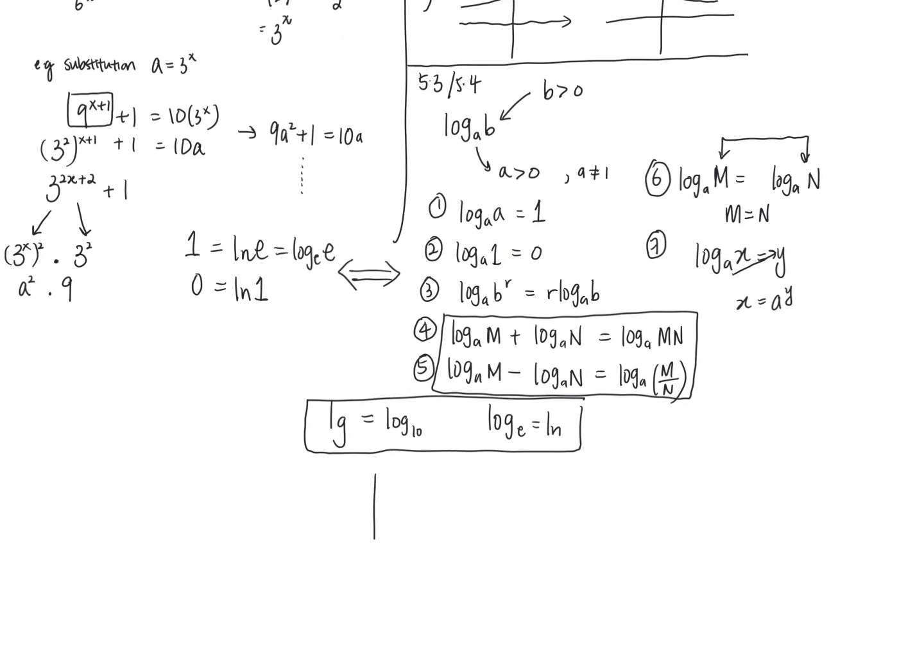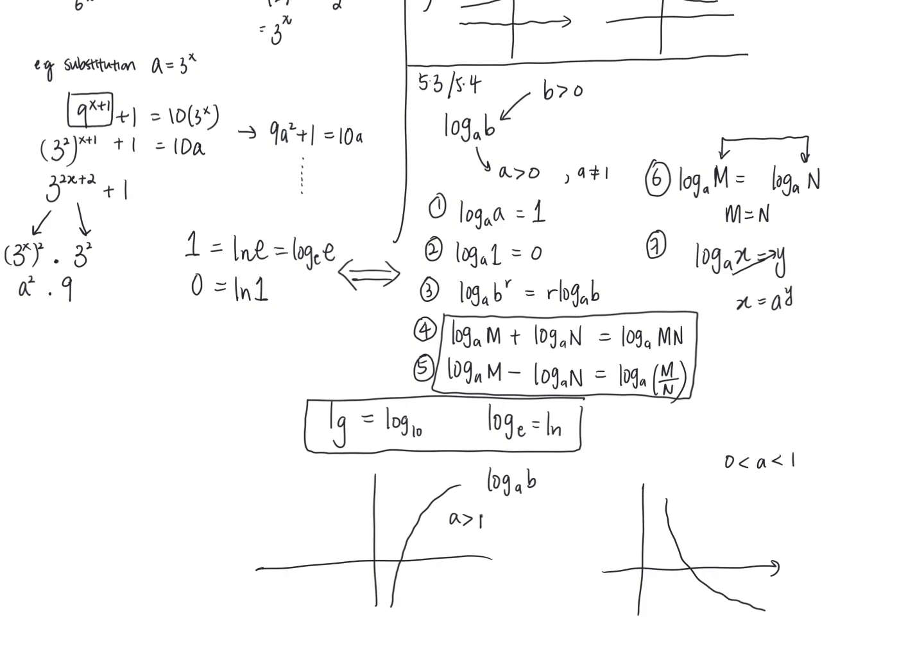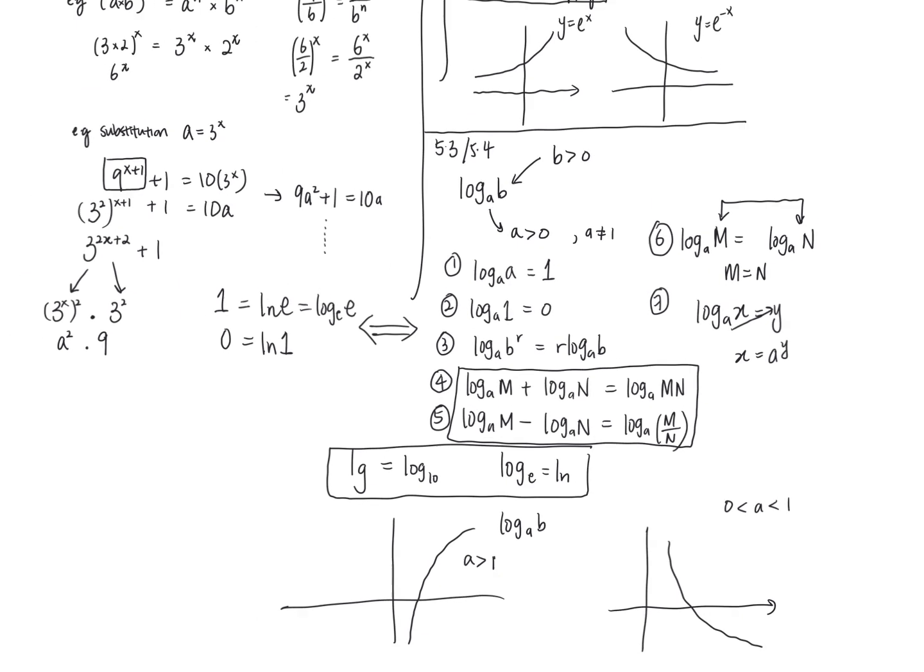And then the last one is the log graph. So remember log base a, if your a is positive, not just positive, greater than 1, is it? Greater than 1. Okay, it looks like that. If it's between 0 and 1, then it's the other direction. So that's it, whole chapter.